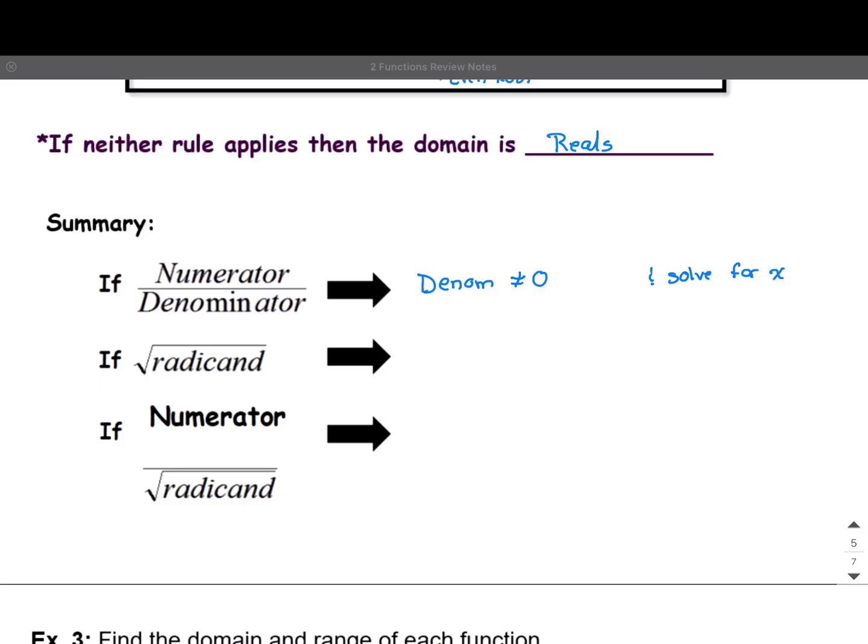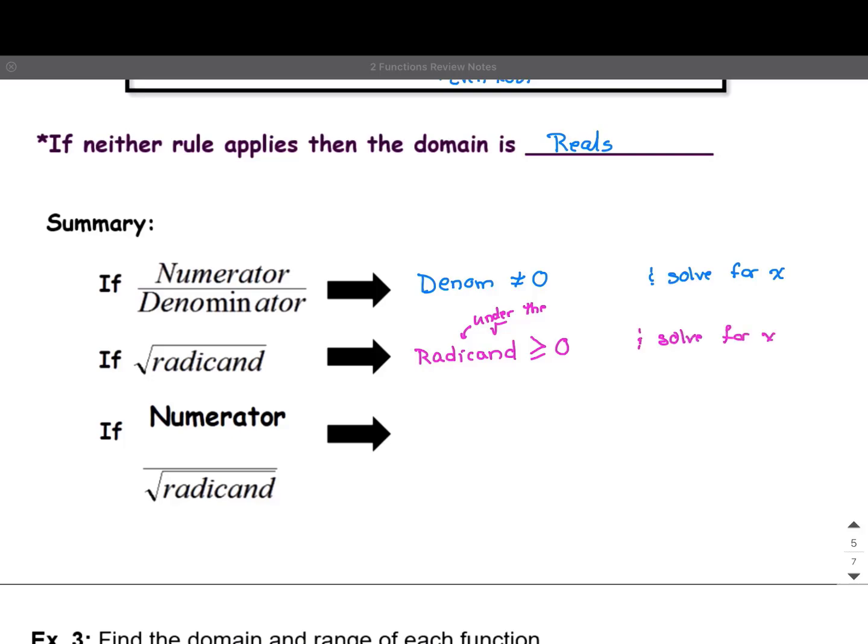Now, if you have a radical, you take the radicand, which is whatever's under the radical, and you cannot take the square root of a negative. So it could be positive or 0. Positive would be greater than 0, but it's also allowed to be equal to 0. So we take whatever's under the radical and set it greater than or equal to 0 and solve for x.